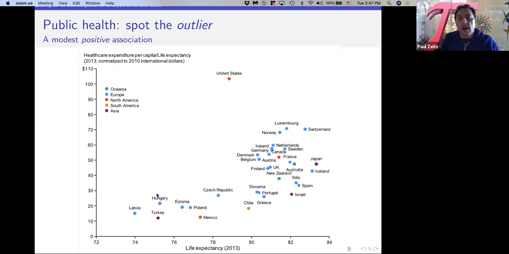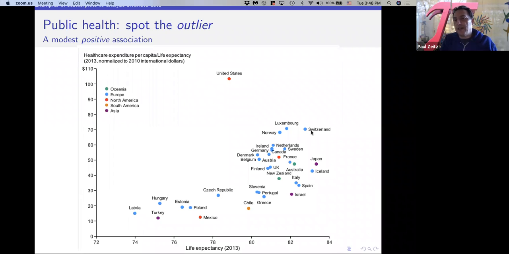And so what you can see is if you move in this direction, you are moving in the direction of longer life. And if you move in this direction, you're moving in the direction of bigger expense. And most of the countries seem to fit a pattern that the more money you spend, the longer you live. Latvia doesn't spend as much and they don't live as long.